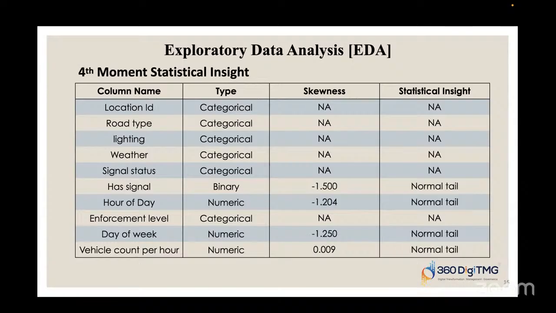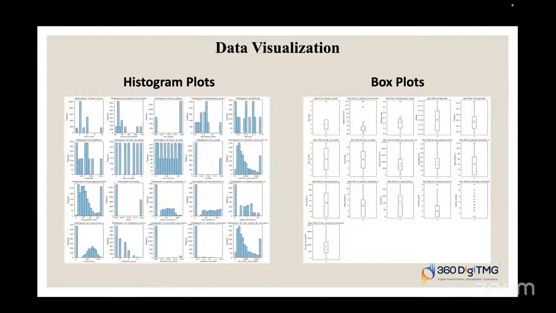Then we did the fourth moment decision, in which we were able to know the peak of the data. All the columns have almost normal tails. You can look at the histograms of each and every column, as shown in this graph. For those columns we also did the box plot to find the outliers.